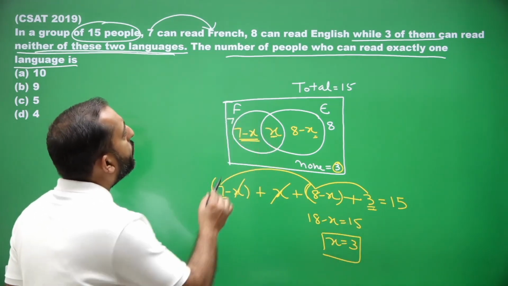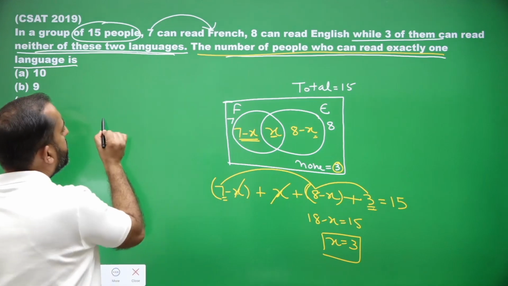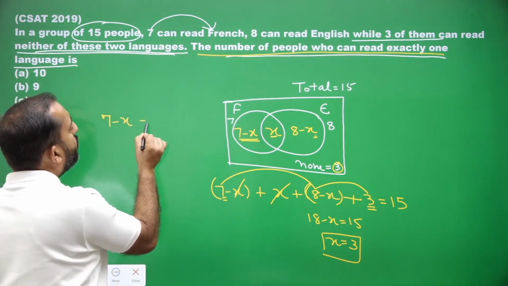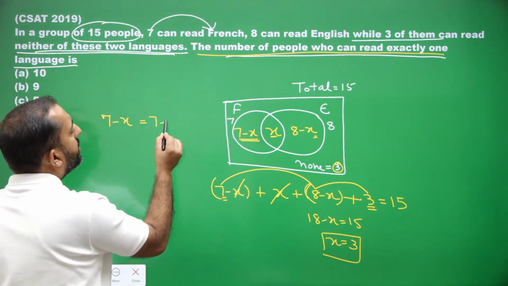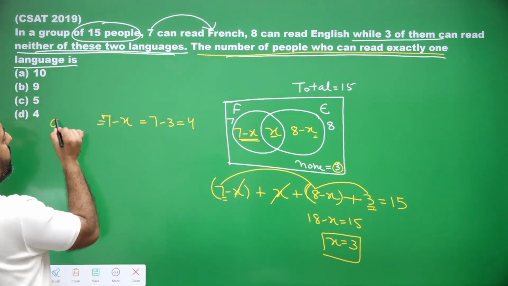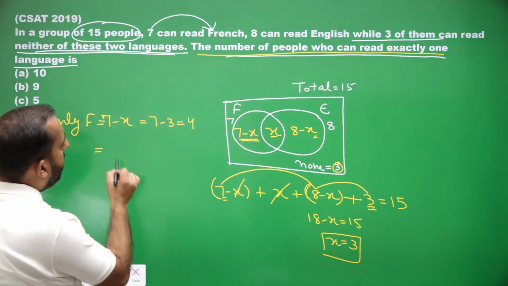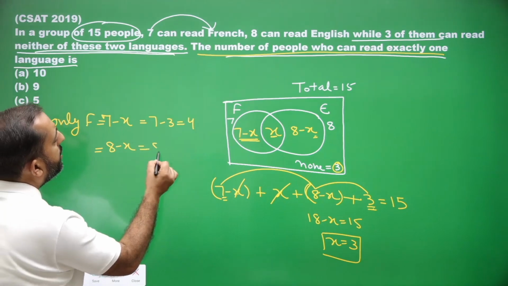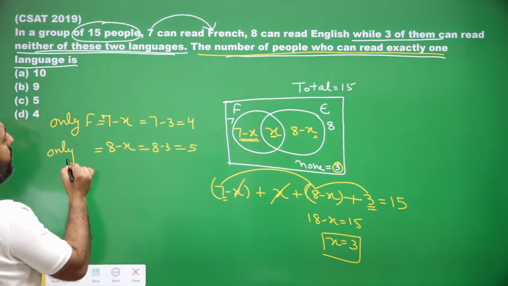Now we are looking for the number of people who can read exactly one language. So 7 minus X, meaning 7 minus 3, that is 4. 4 students can read only French. And 8 minus X, which is 8 minus 3, which is 5. 5 students can read only English.